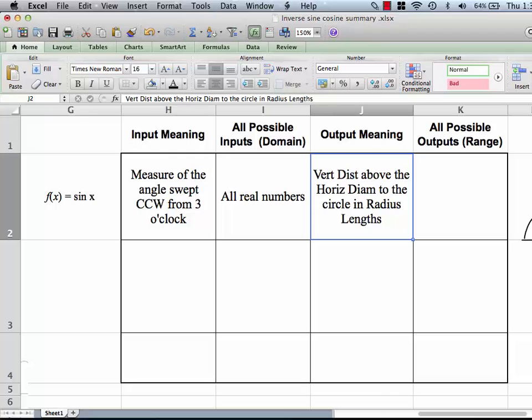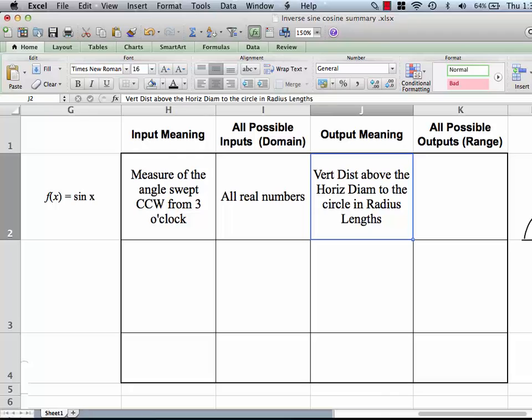Okay, so we got some angle, right, like this. That's our input, right, our angle. And we're measuring the vertical distance above the horizontal diameter to where? To what? Alex, what's that?